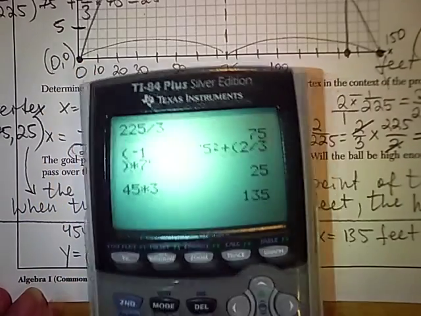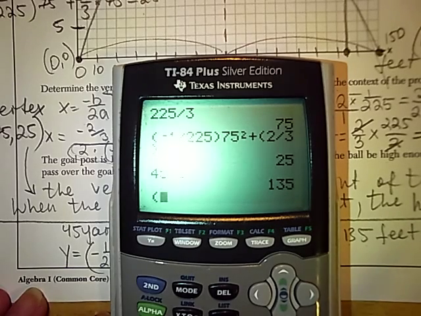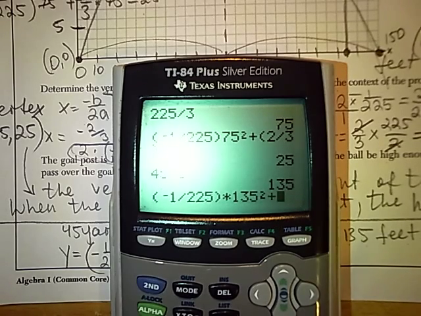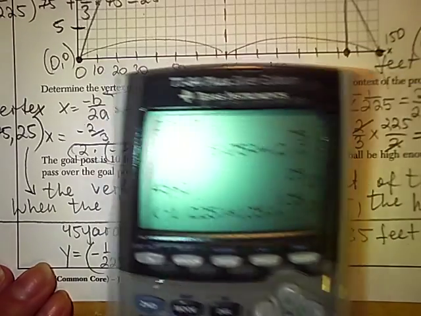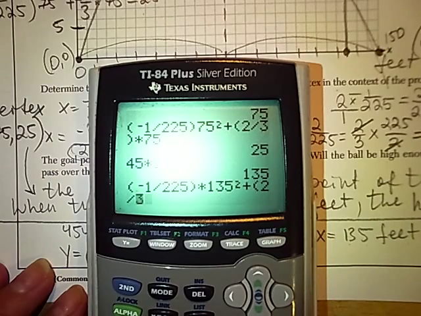I'm going to use the calculator. Negative 1 over 225, close the parenthesis, times 135 squared, plus, open the parentheses, 2/3 times 135.